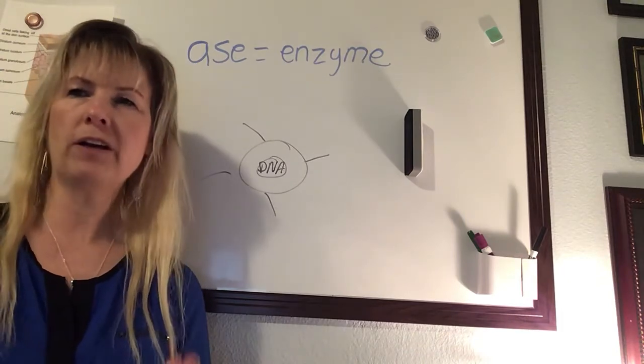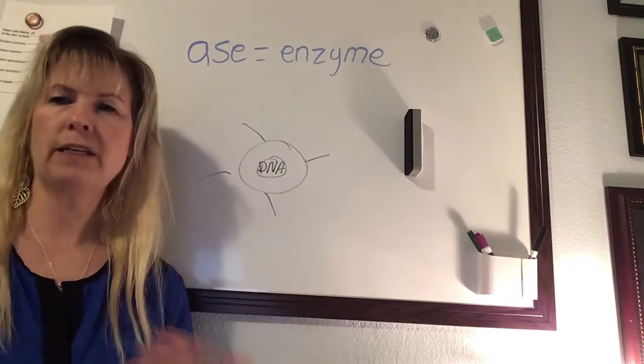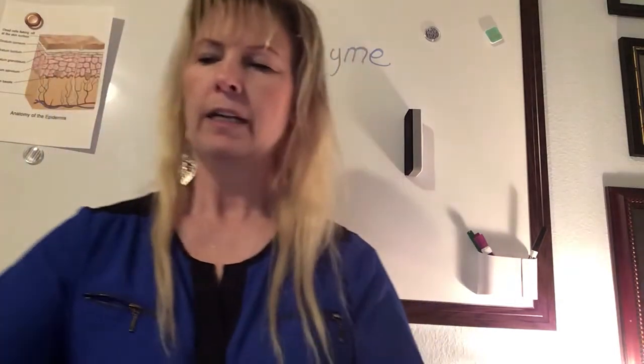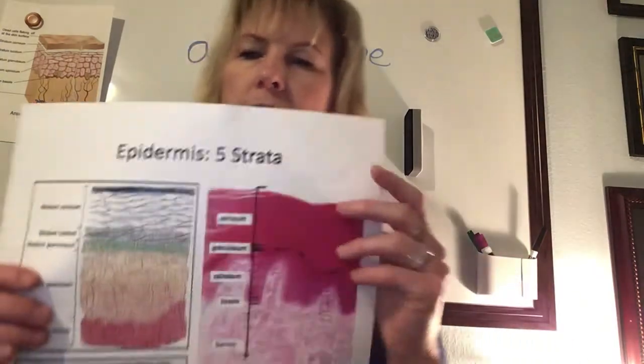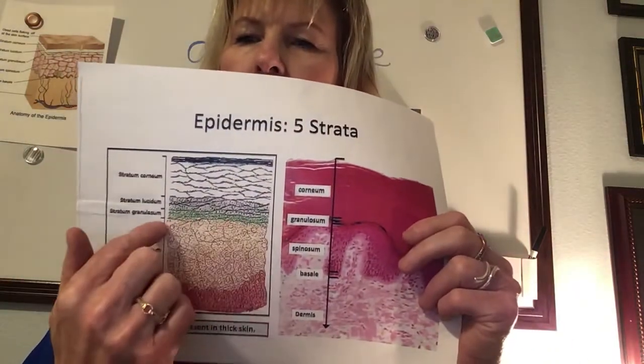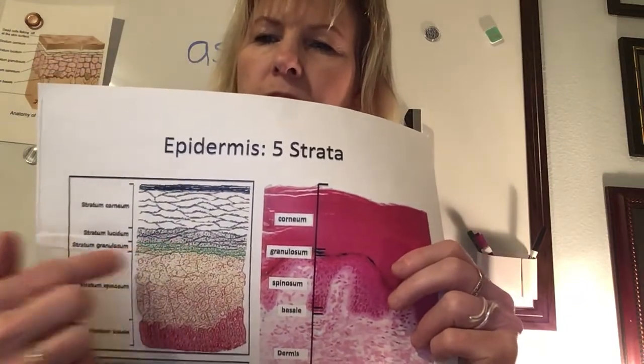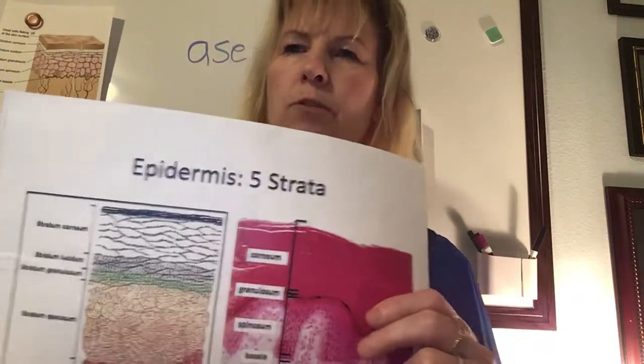That is why they call it the spiny cells, because of those little appendages that grow off of there. And then we go into the granulosum. It's this green layer, and you can see how it's grainy. The cells are filled with lipids and they become grainy.